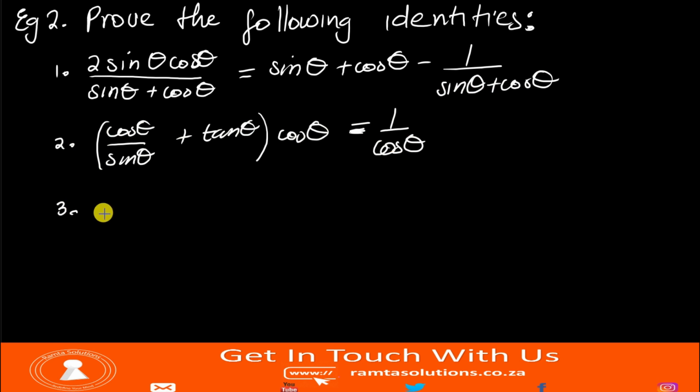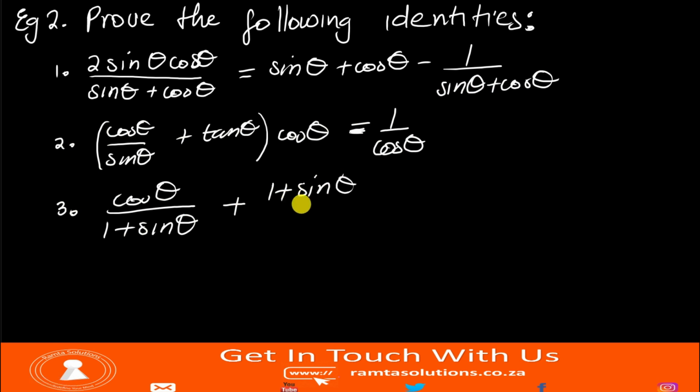Number 3, it will be cos theta over 1 plus sine theta plus 1 plus sine theta all over cos theta is equal to 2 over cos theta.